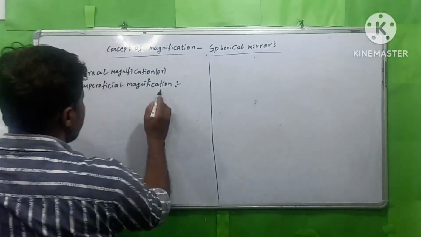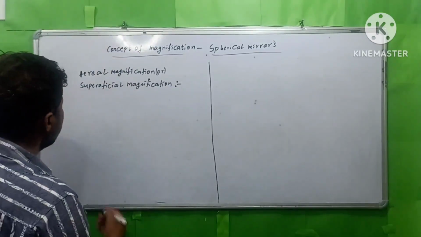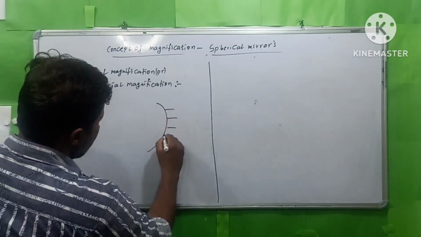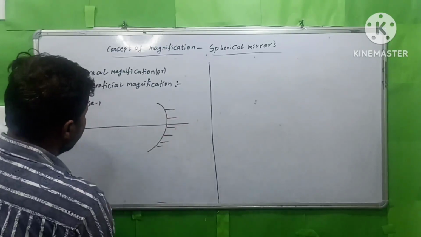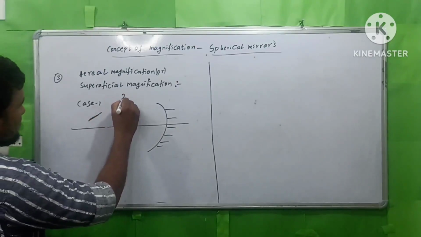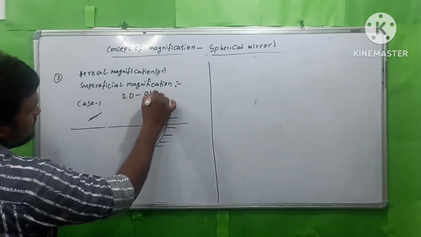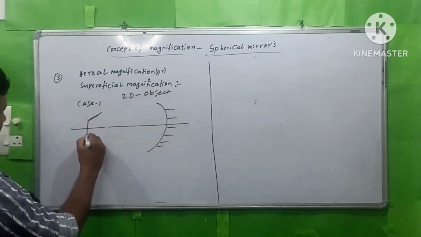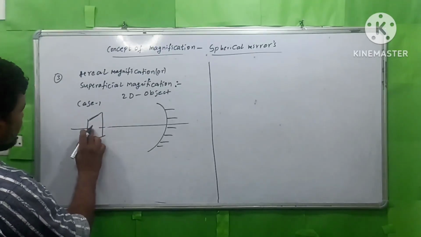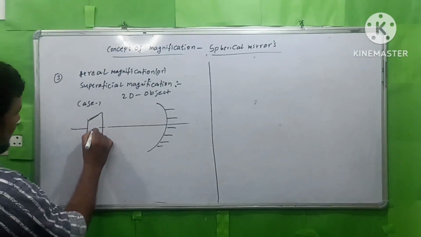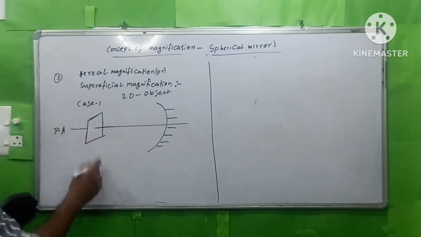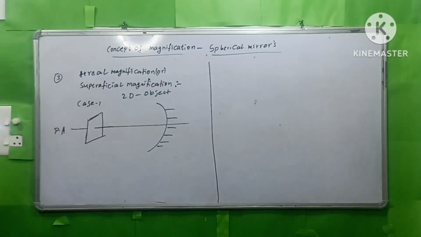Areal or superficial magnification we will discuss in two cases. Case 1: there is a concave mirror, and any two-dimensional object, a 2D object, is kept perpendicular to the principal axis.